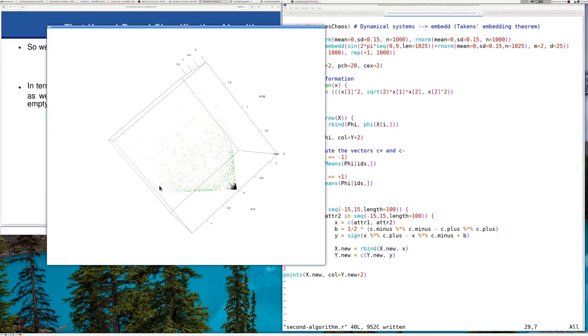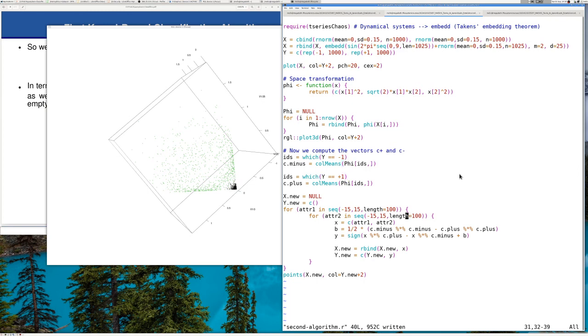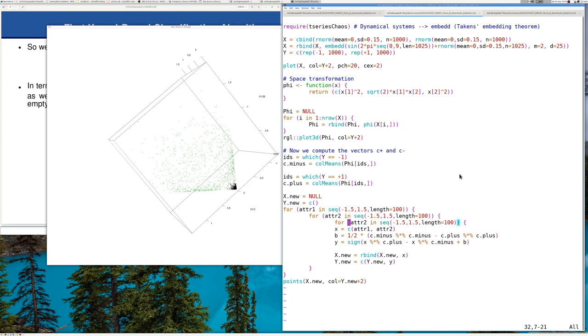Of course, now I don't have 2 dimensions, I have 3 dimensions. And dimensions are roughly from minus 1.5 to 1.5. So I'm going to vary the first attribute from minus 1.5 to 1.5, and the second from minus 1.5 to 1.5. The third attribute will also be from minus 1.5 to 1.5, but instead of 100 points, let's try 25 points only, because of course now the complexity will be greater.